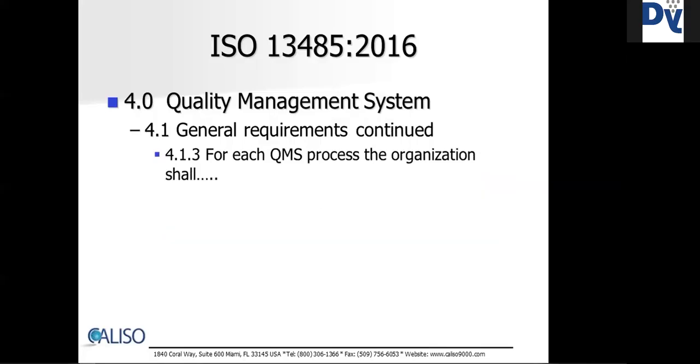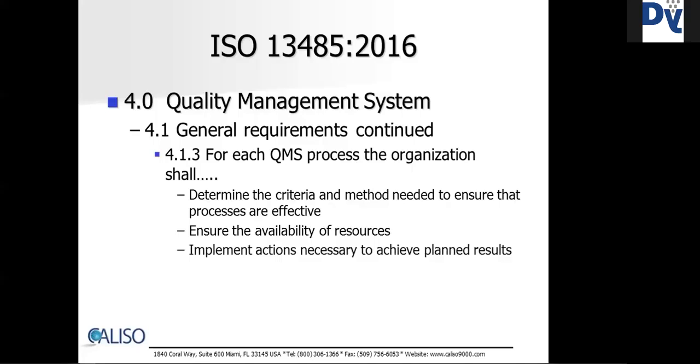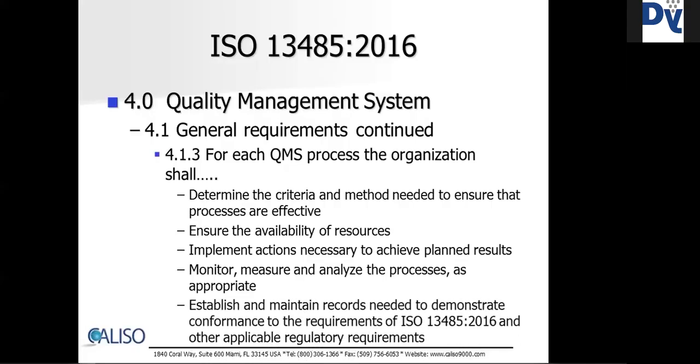For each quality management system process, the organization shall determine the criteria and method needed to ensure that processes are effective, ensure the availability of resources, implement actions necessary to achieve planned results, monitor, measure, and analyze the processes as appropriate, establish and maintain records needed to demonstrate conformance to the requirements of ISO 13485 and other applicable regulatory requirements.